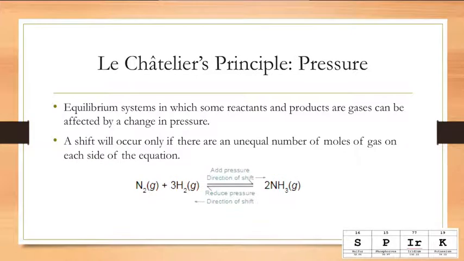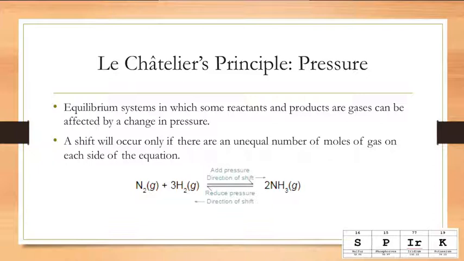Equilibrium systems in which some reactants and products are gases can be affected by a change in pressure. This pressure only affects when the reactants and the products are in the gaseous state. A shift will occur only if there is an unequal number of moles of gas on each side of the equation. So for gaseous systems, when we're looking at pressure, we are focusing on the moles.